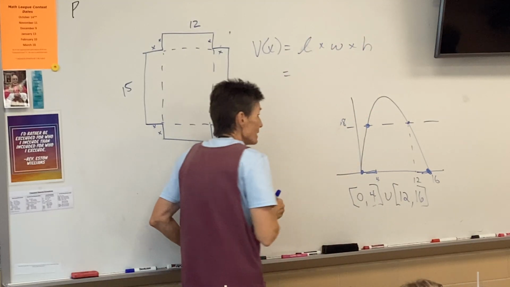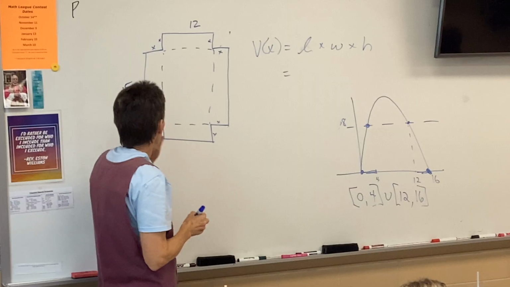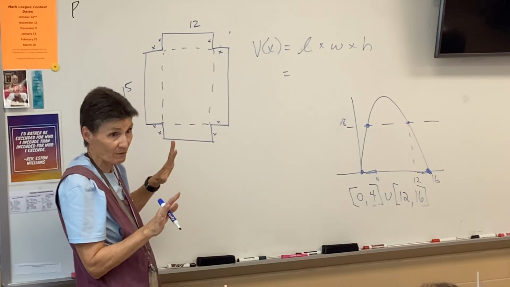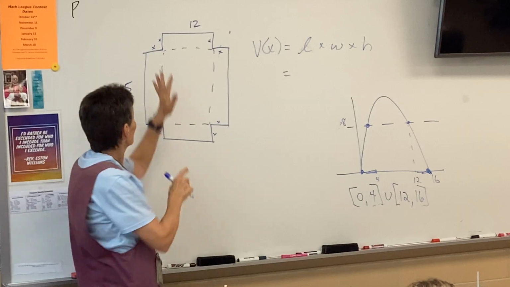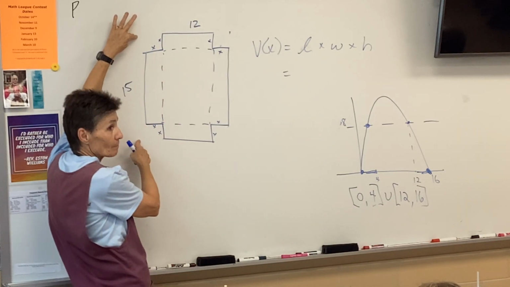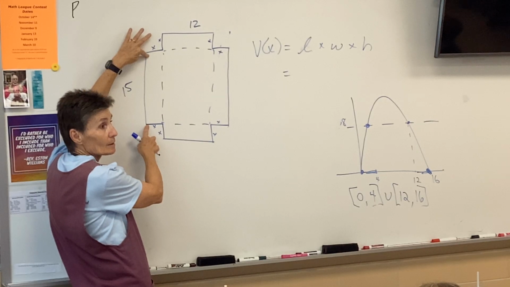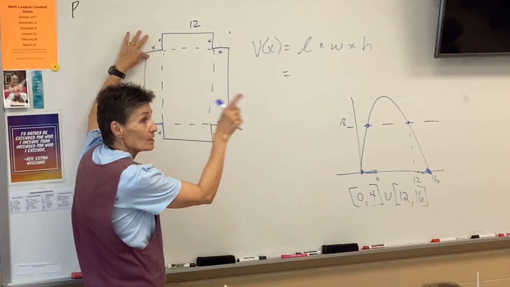Okay, what is the length of this box? Now remember, the original length of the paper was 15. This is 15. What's this going to be? 15 minus 2x.